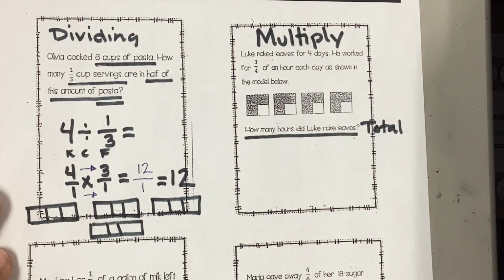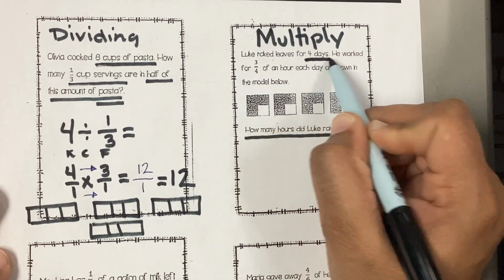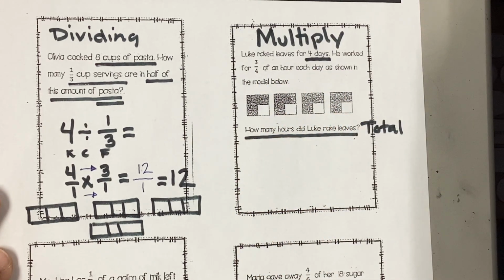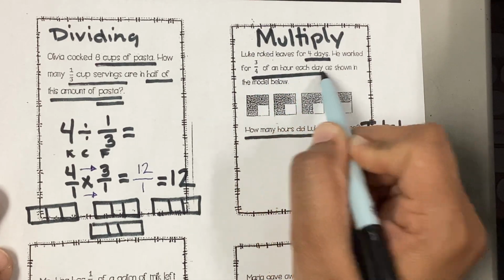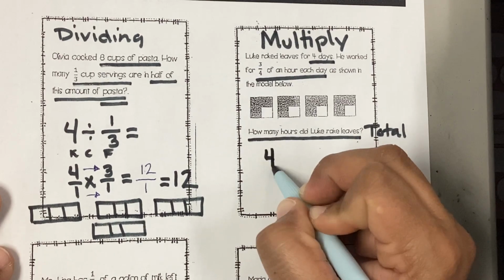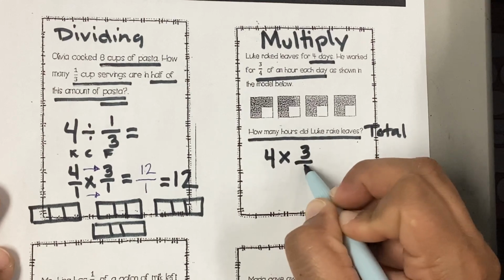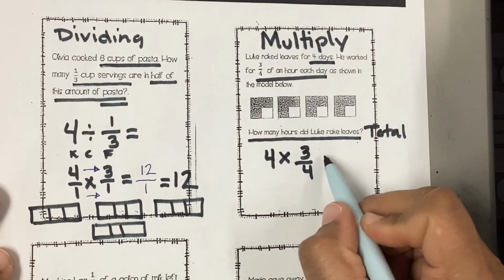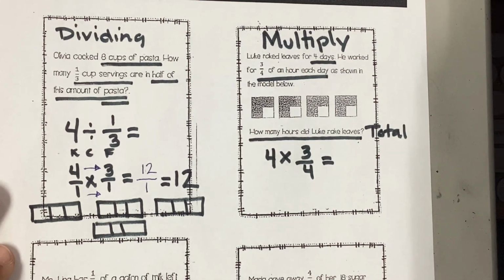So let's look back in the problem. Luke raked leaves for 4 days. So we have 4 days as our whole number. He worked for 3/4 of an hour each day. So we have our 4 as our whole number times 3/4 of an hour each day. And we want to know how many total hours that Luke raked leaves.